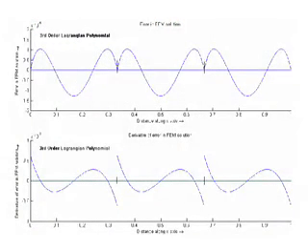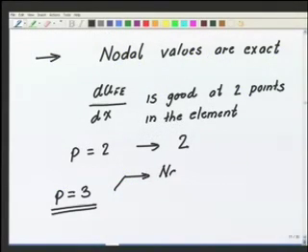Here you look at the behavior of the error. The error has a kink at these endpoints of the element, and the derivative again jumps a lot. That is, the error in the derivative at the endpoints of the elements is quite high. While now, if you see within the element, there are 3 points. So as far as nodal values are concerned, nodal values are exact.